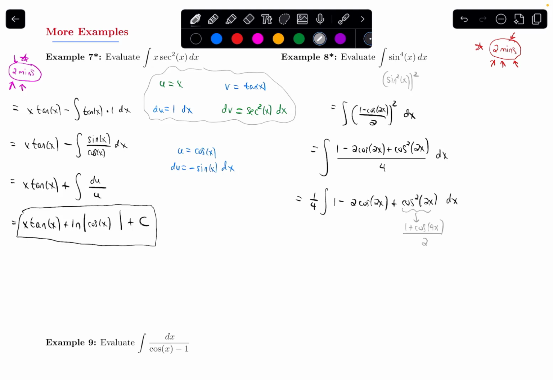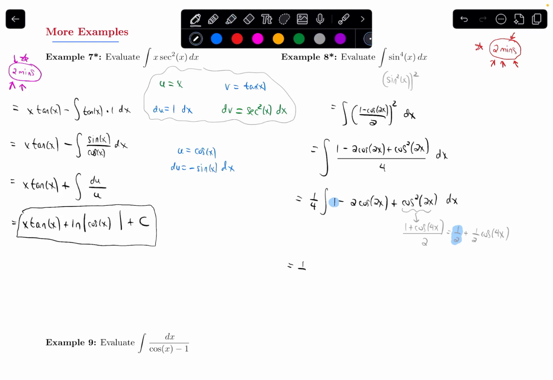Which I can split up further as 1/2 plus 1/2 times cosine of 4x. Because now I have some like terms that I can combine. There's this 1 in the integral, which can get added to this 1/2.